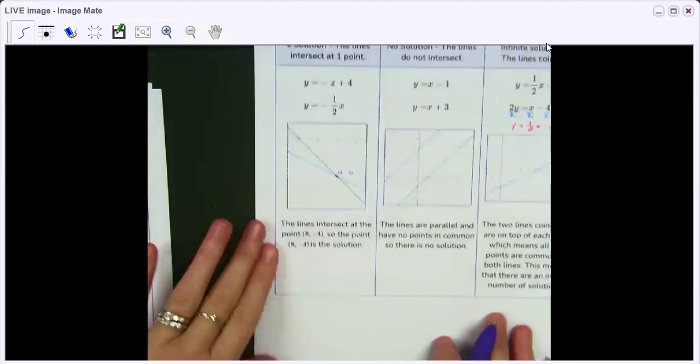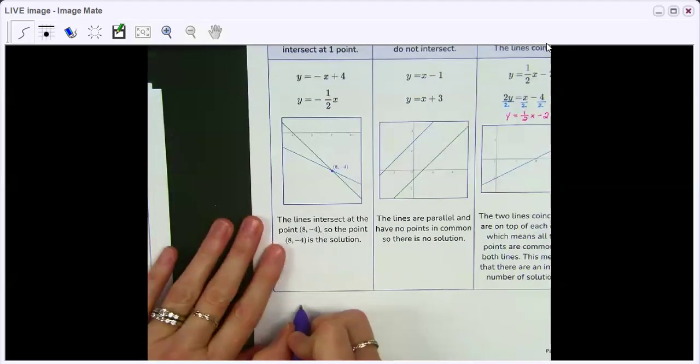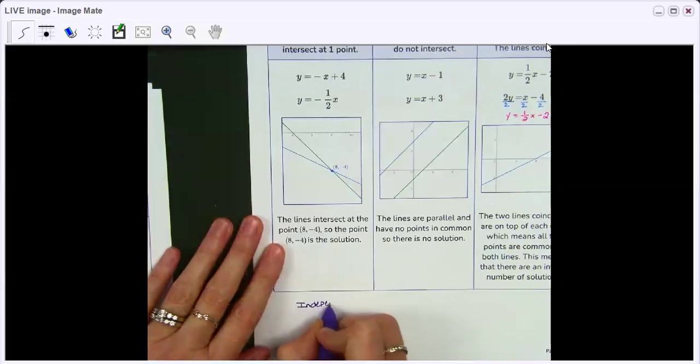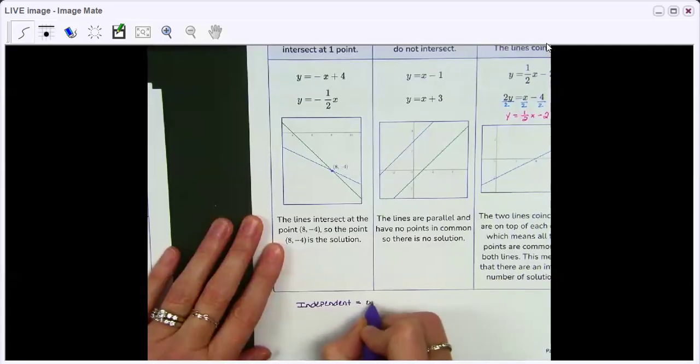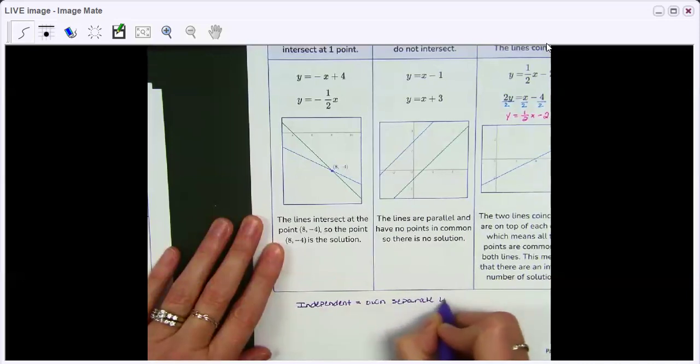So if you want to write this down here: independent, own separate line and equation.